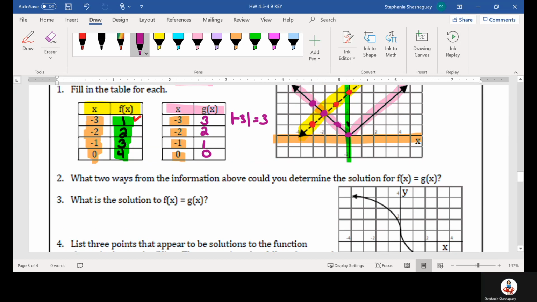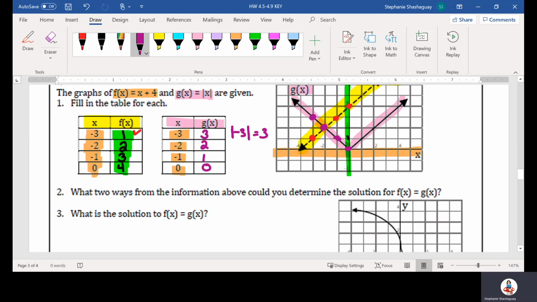All right, what 2 ways from the information above could you determine the solution for f of x equals g of x? Okay, so they want to know the solution. Well, our solution is where the 2 points intersect.